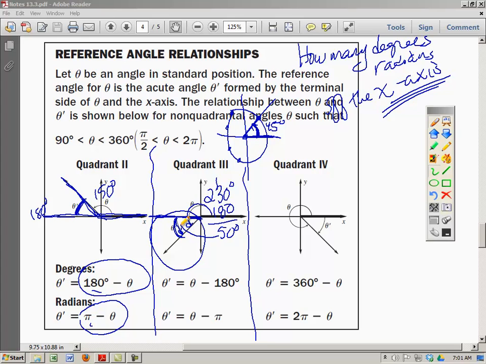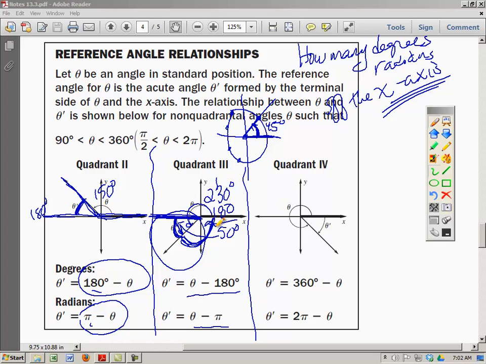So the reference angle for that is simply 50 degrees. All right? So the rule says take the angle, subtract 180, or take the angle and subtract pi. Well, again, I don't like to think about a separate rule. I'm just going to say how many degrees am I off the x-axis? And maybe I should be really specific and say how many degrees am I off the closest x-axis. But I'm pretty sure you guys wouldn't subtract it and try to get it to this x-axis. At least I hope not.